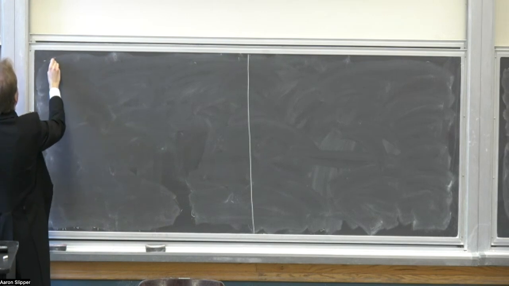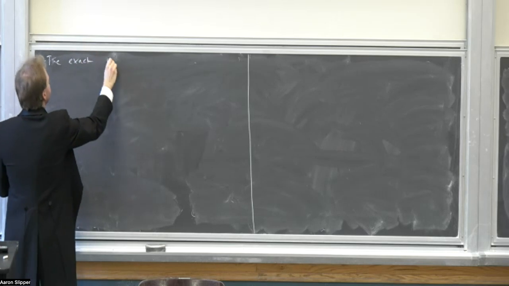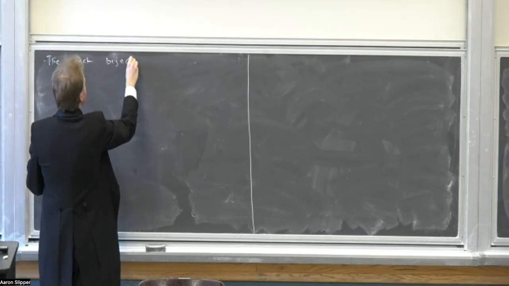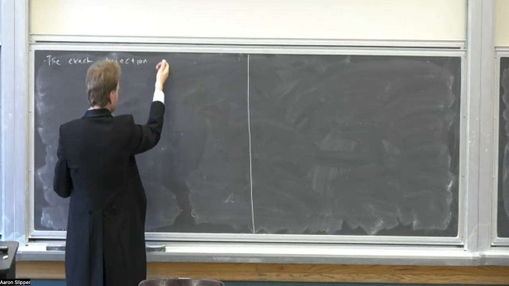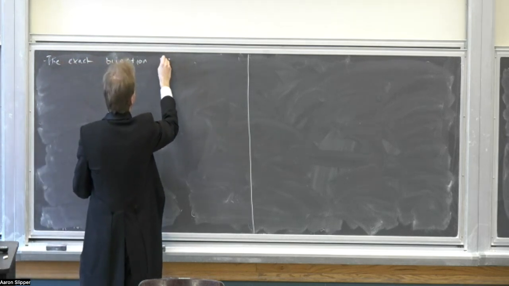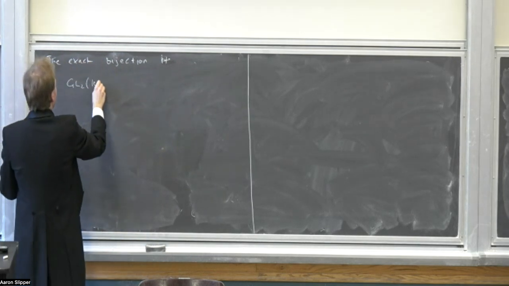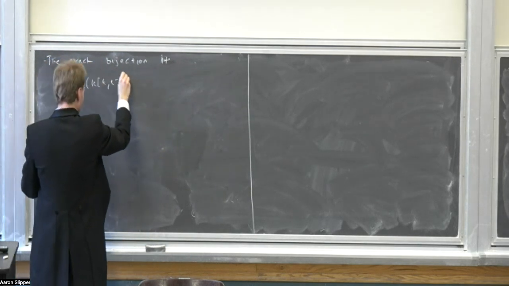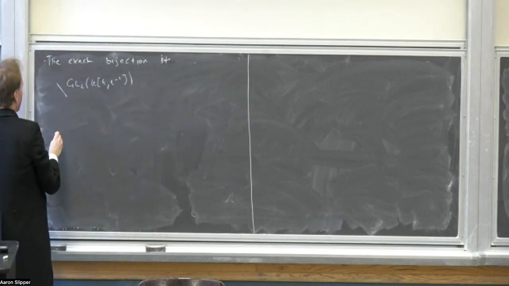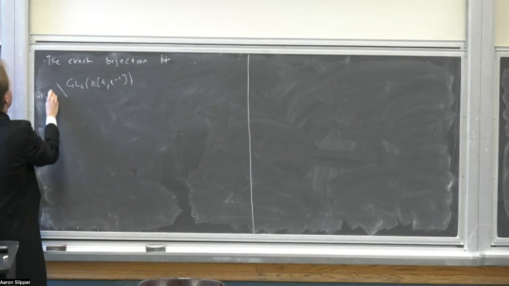I'm saying that in fact, the exact bijection is GL2 K((t)) t inverse, modulo... well, the problem of writing a double quotient when you haven't given yourself enough space.